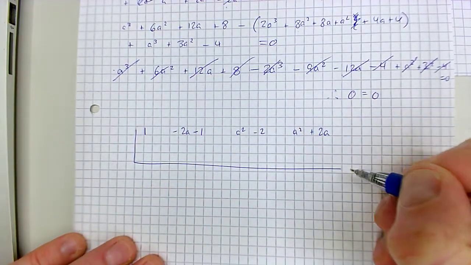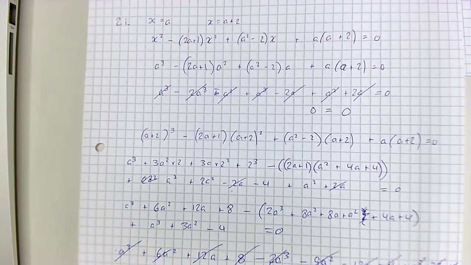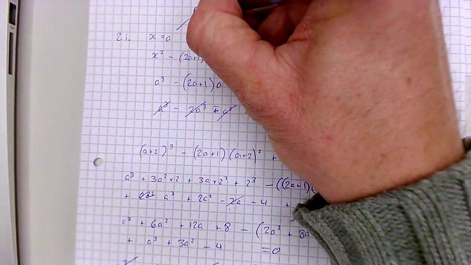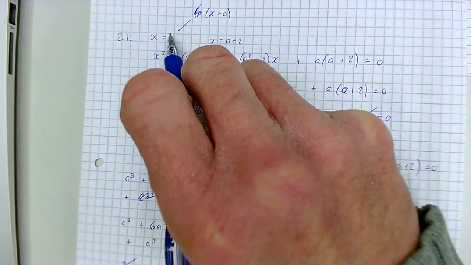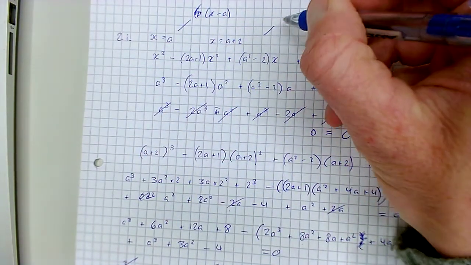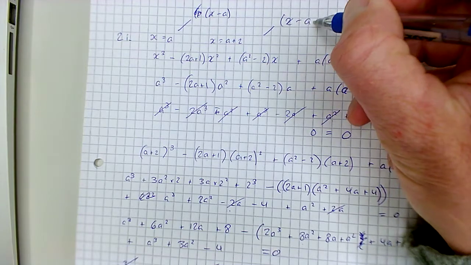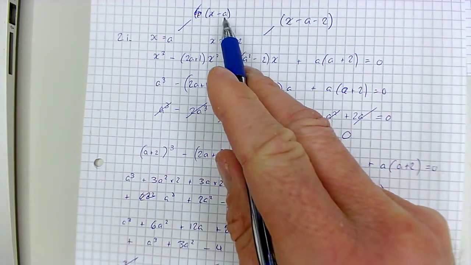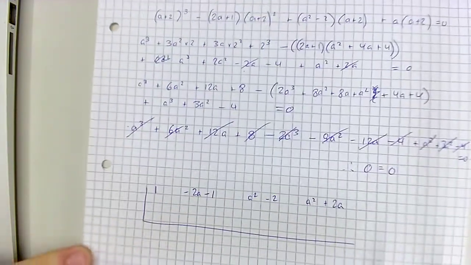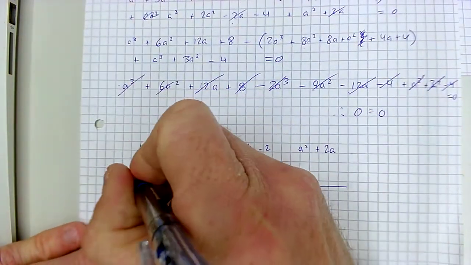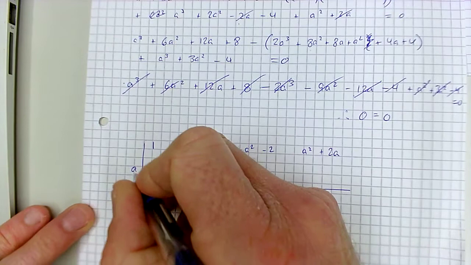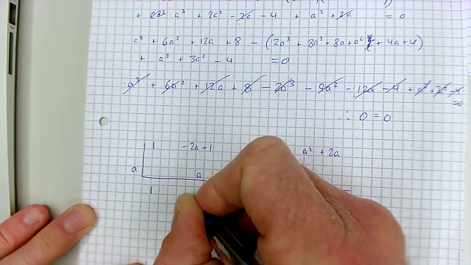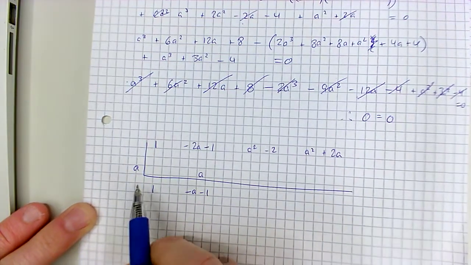And I'm going to use synthetic division. And what I'm saying is that x minus a is a factor, and also that x minus a minus 2 is a factor. So the first thing I'm going to do is divide by a. So if I divide by a, I've got 1 times a is a. Add those together, I've got minus a minus 1.